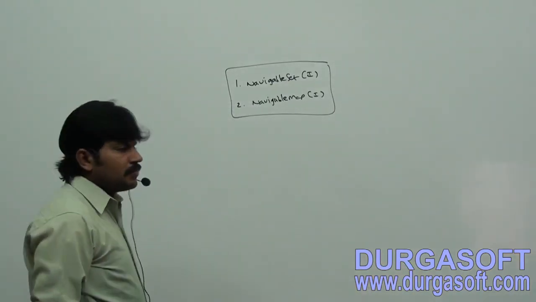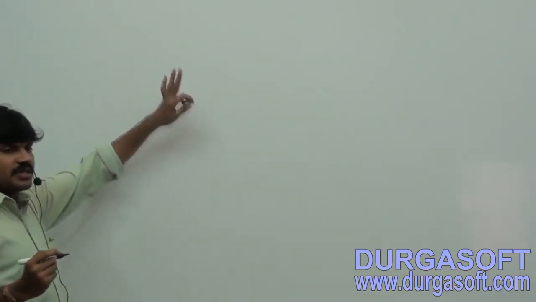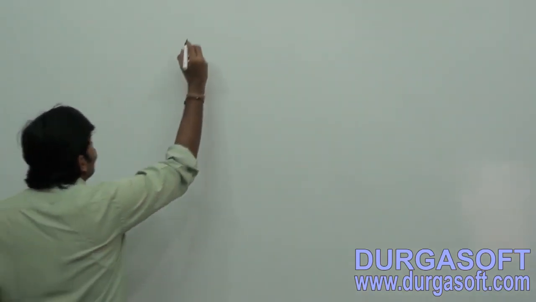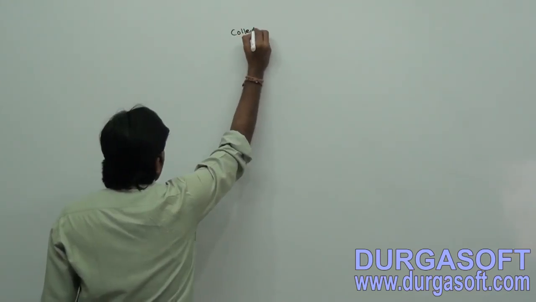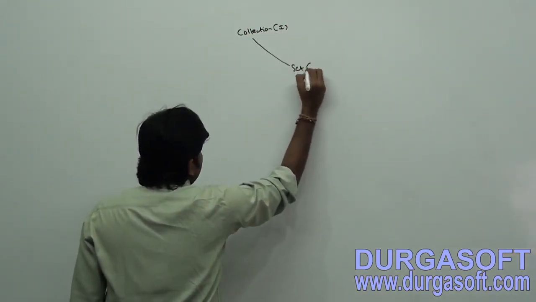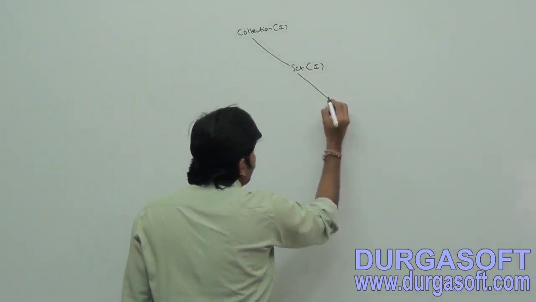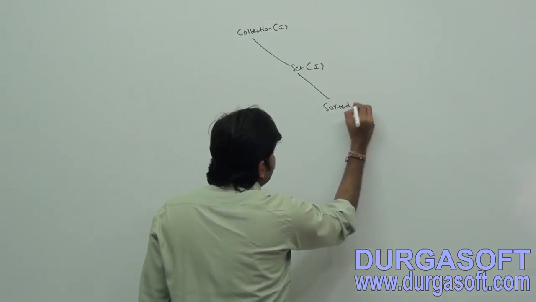Now keep the subheading navigable set. Do you know where navigable set is present in our hierarchy? I hope you may remember, we have collection, and then set, and then sorted set we covered.